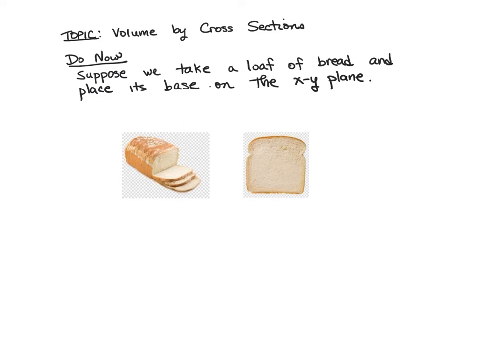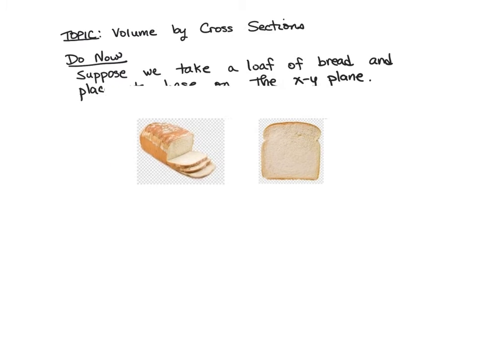Now, when we slice the loaf of bread, notice that the slices are identical. They may be different sizes, but they're all identical. If we were to get the volume of this loaf of bread, I don't know how many slices there are. Let's say there are 20 slices in this loaf of bread. They all look identical, and they look something like this.